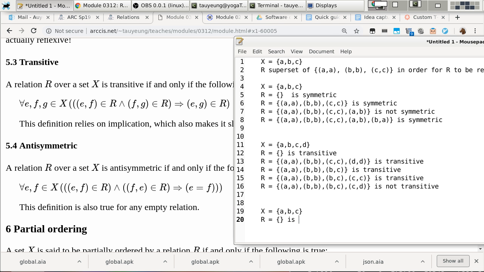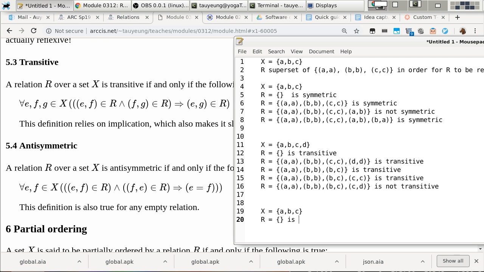A very quick clue is the implication, okay? Because in order for the entire implication to be true, you can make the left-hand side false. Then it's automatically true. So with an empty relation, nothing relates to anything else, right? So the element of has to fail. Doesn't matter what you put on the left-hand side of the element of, because R is empty. Nothing is an element of R. And this is a conjunction, not a disjunction.